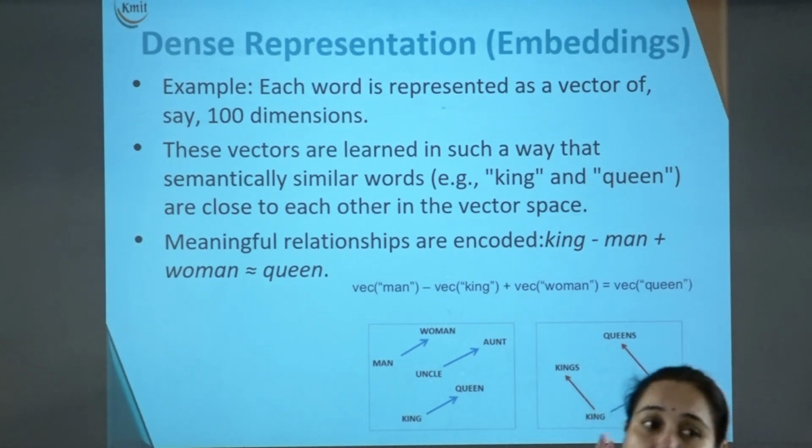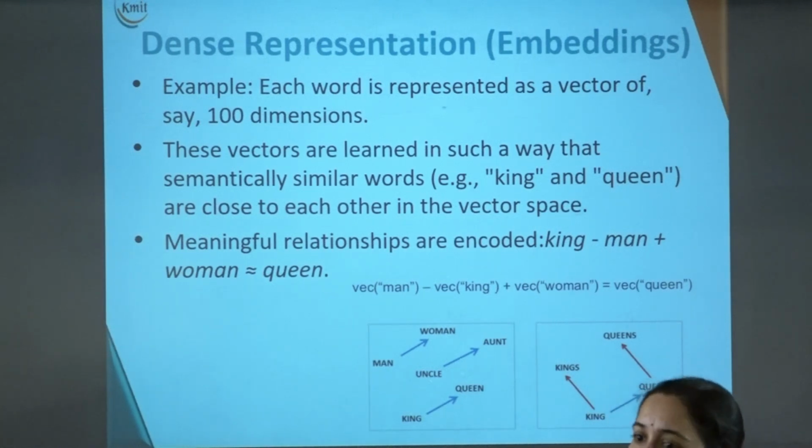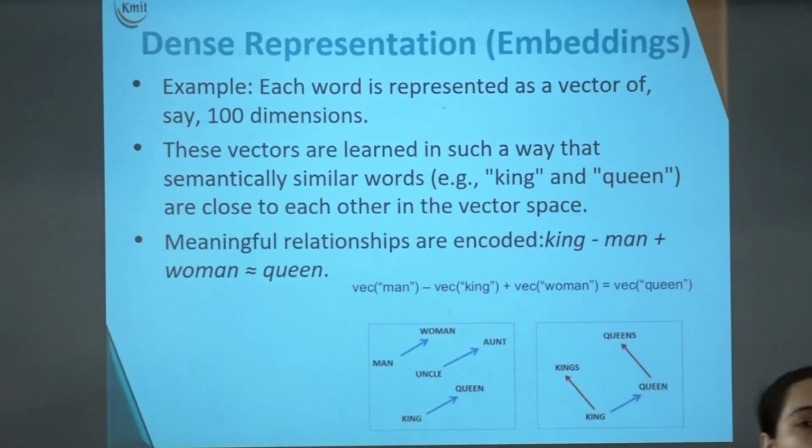There are two ways in which it can be done. One is you do everything from scratch: you initialize all of them randomly and create your own lookup tables, or you can use ready-made, pre-trained vectors. These days, all we do is use pre-trained vectors because the data size is very, very high. You cannot build everything from scratch.